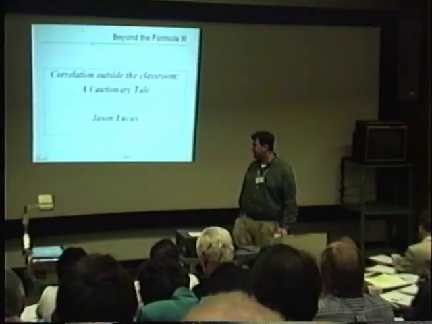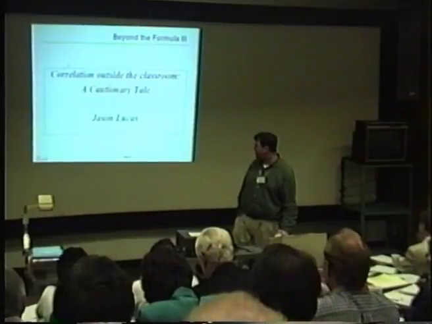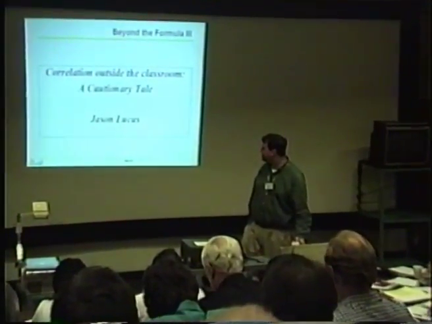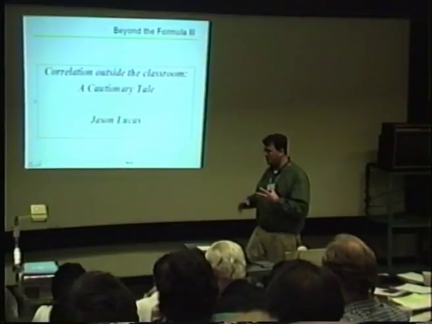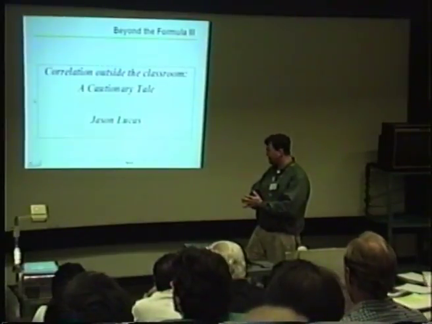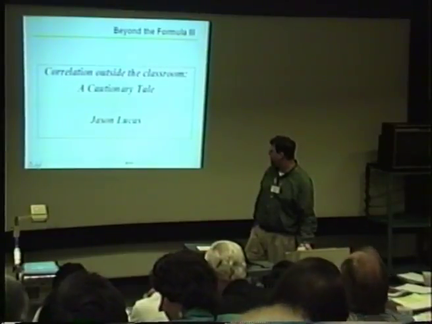I think that we need to be careful in teaching that we can somehow get students to understand what's going into the statistics they're using. But I'll talk about that a little bit more later.